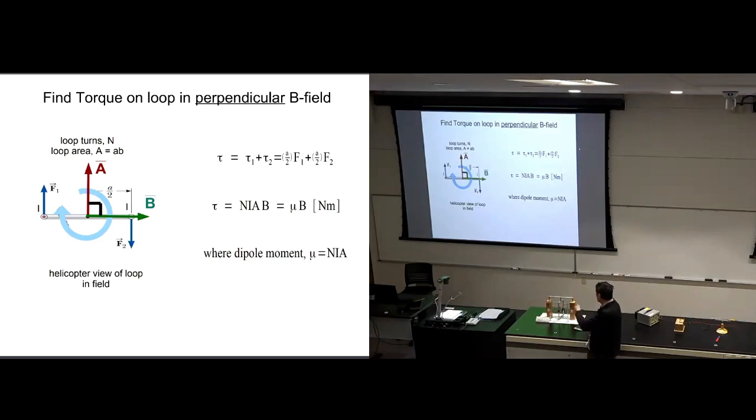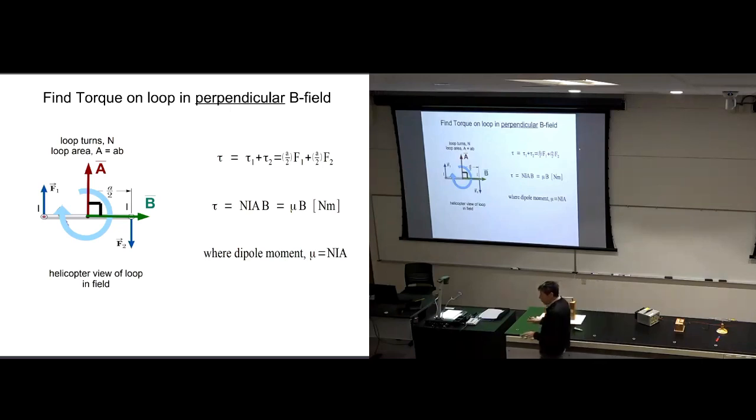And so these three quantities that are features of the loop, we tend to group together, and we call their product the magnetic dipole moment. And so the torque on a loop in a magnetic field is the magnetic dipole moment, we give it the symbol mu, times the magnetic field. And so this is the bottom line of this slide.